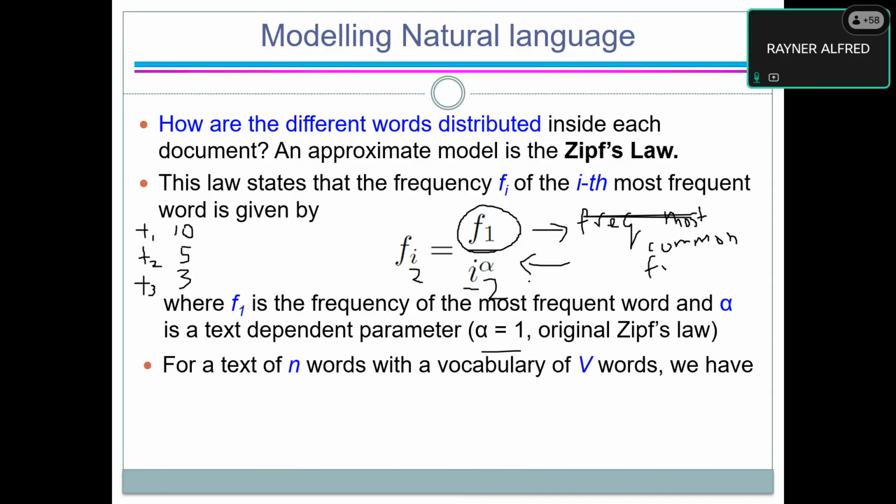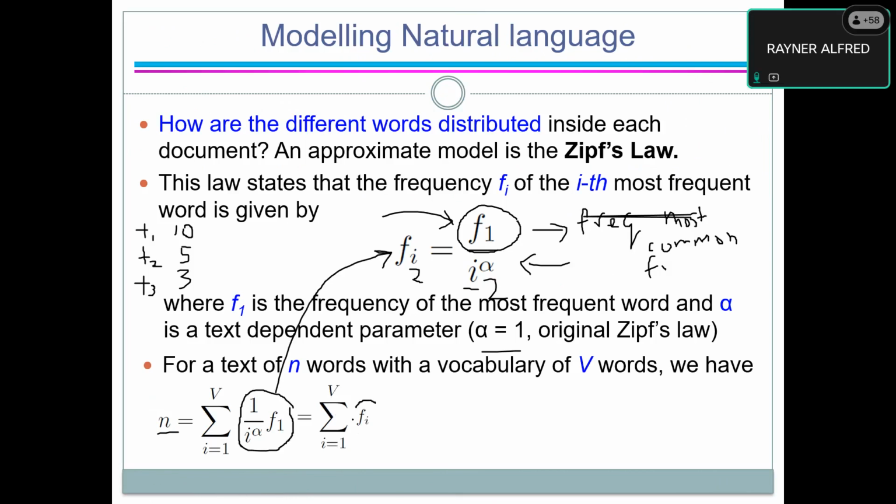So for a text of n words, we have this, and basically if we apply this, for the n words that we have, we could add up all of them and get the number here. But how do we compute the most frequent one? If we put this in, it is equivalent to what we have here.